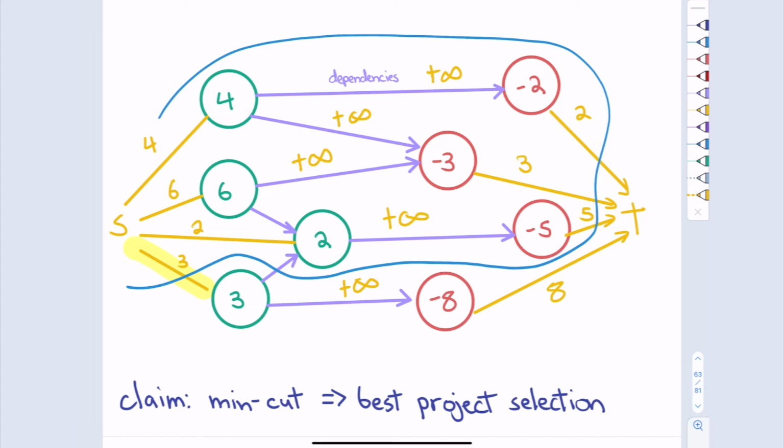So for every profitable project, I pay something equal to the profit value. And for every cost project I take, I pay the cost. Okay. So the cost of this cut is exactly the profit of the projects I don't take plus the cost of the projects I do take.